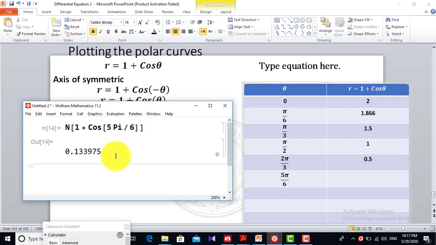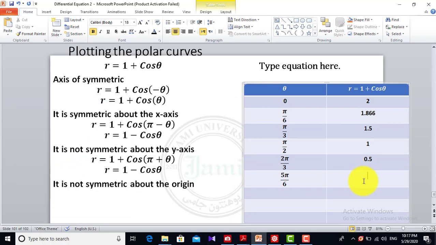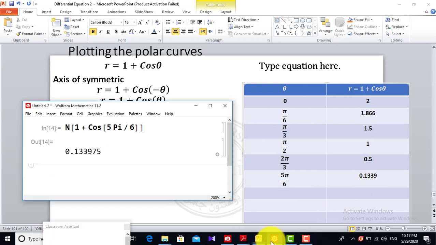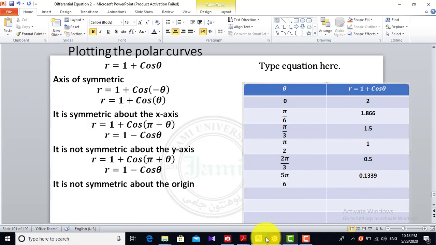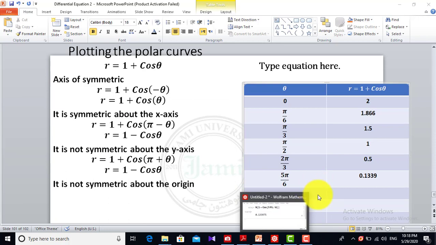The result will be 0.1339. I will be writing 0.1339, yeah, that's enough.